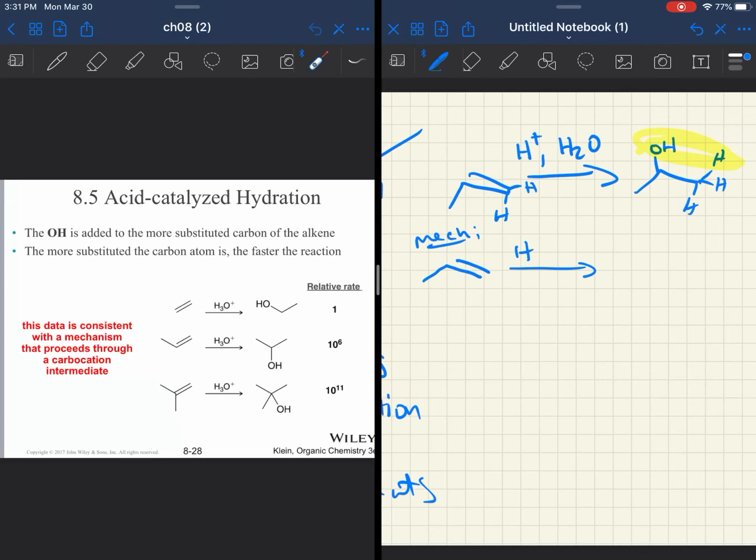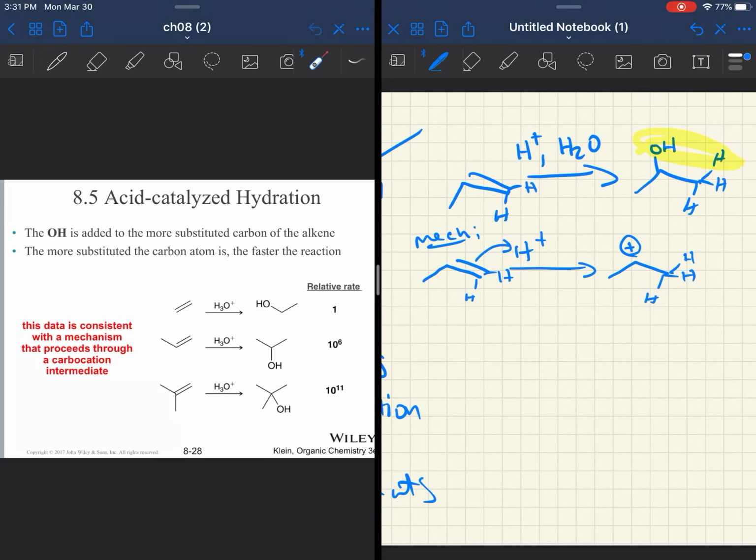The first step should look familiar from the last lecture that we had. You are going to go ahead and have your alkene act as a base. It's going to pick up a proton. The hydrogen is going to go to the side with more hydrogen because that leads to a more stable carbocation. Right?